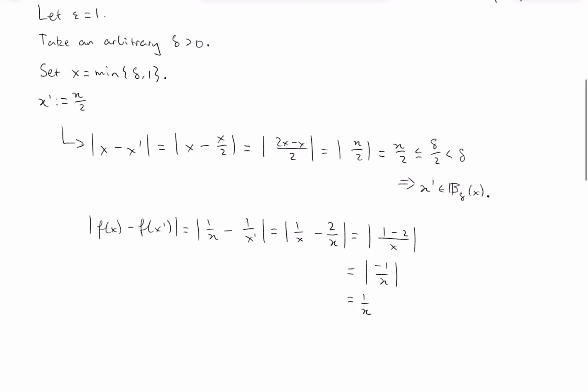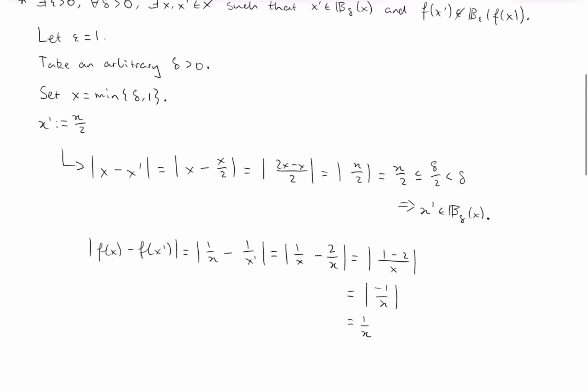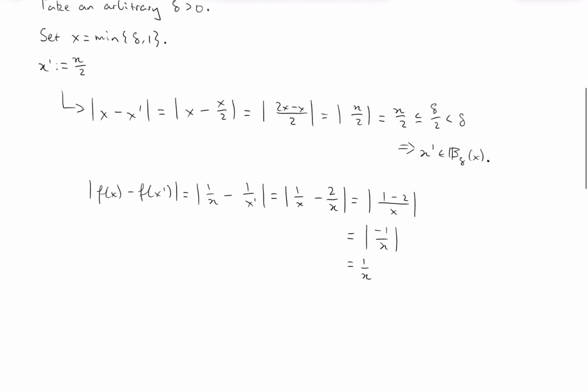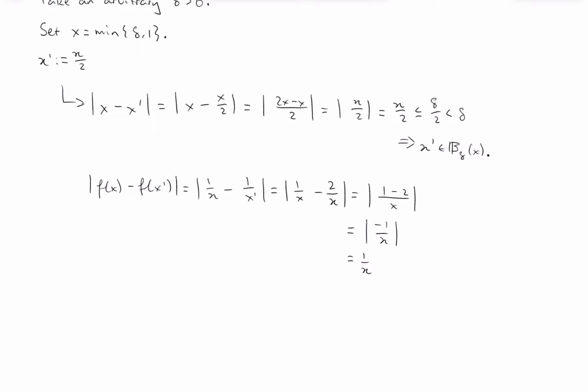Now, since we have that x is the minimum, again, we're using this value of x, which is the minimum of delta and 1, we have that 1 over x must be greater than or equal to 1, because x is the minimum of these two. So whatever delta is, say if it's greater than 1, x would be 1 in that case.